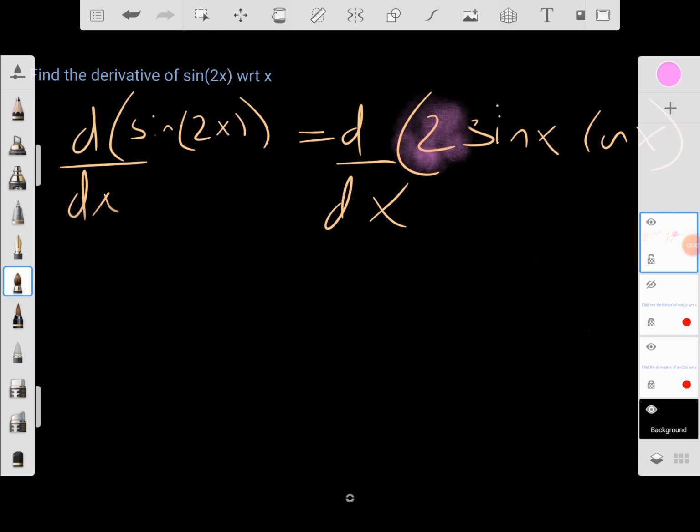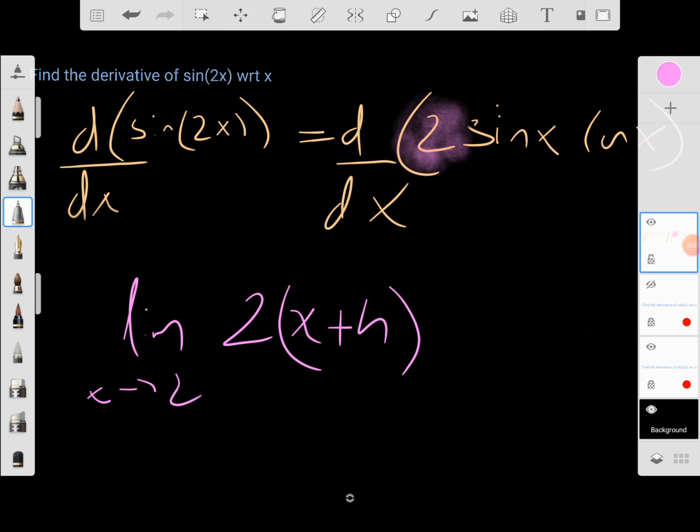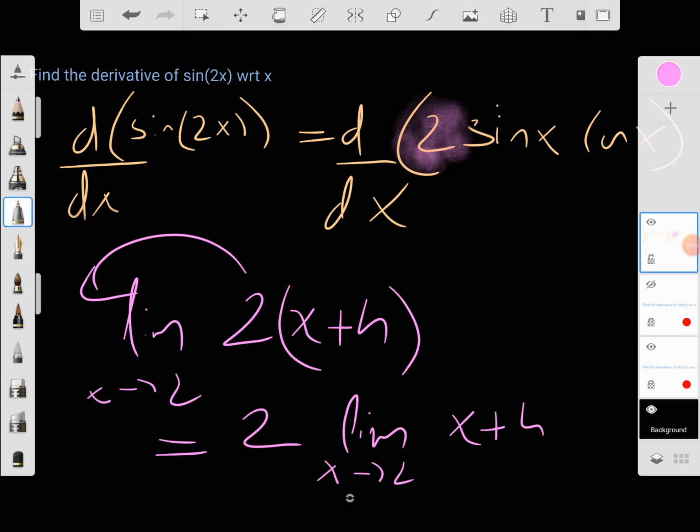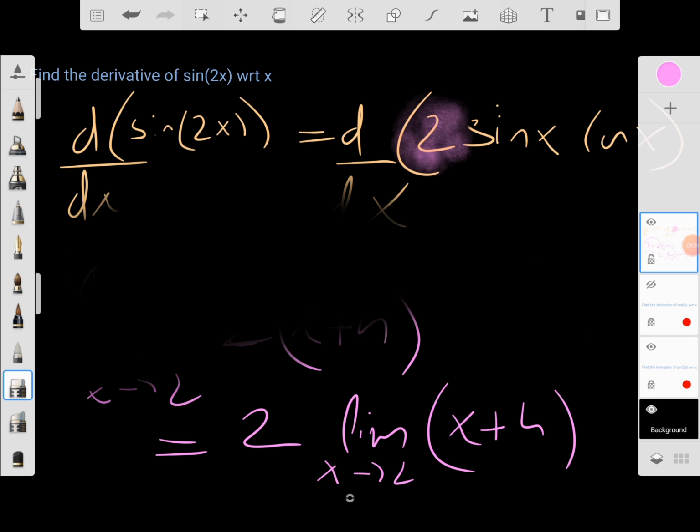For example, if you had the limit as x tends to 2 of 2x plus h, you could put this 2 outside, so this is equal to 2 into the limit as x tends to 2 of x plus h. Do you get it? When there's a constant that you can take common, you can put it outside always. It doesn't matter, the value will be the same.